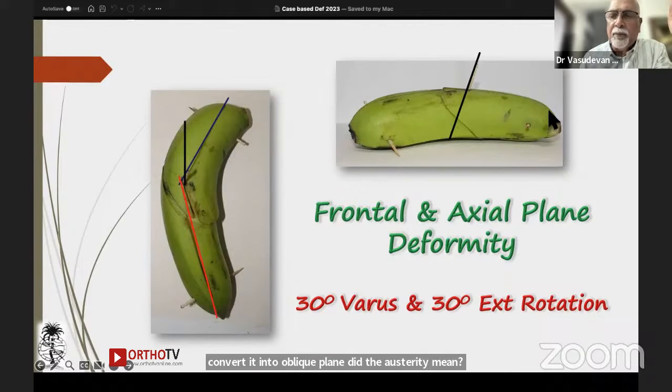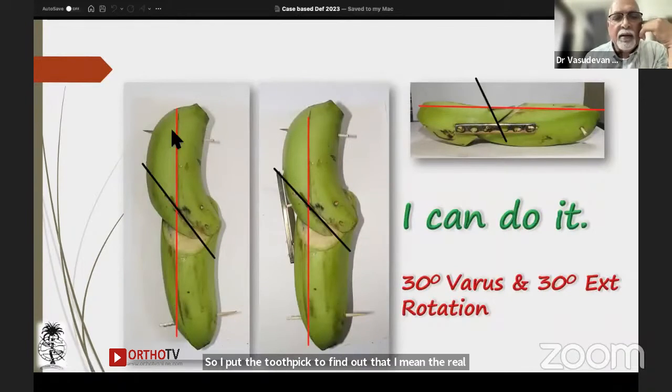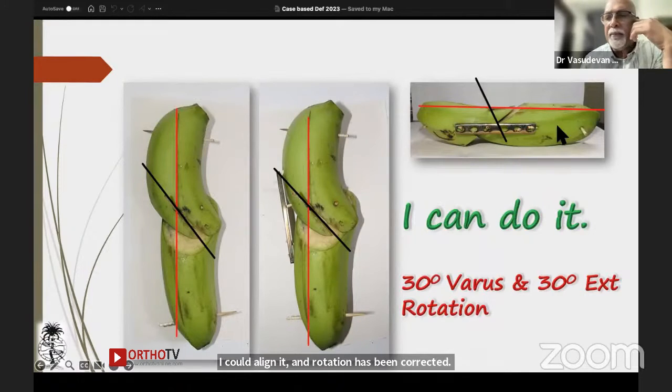So this was one plane. You can see this in a 30-degree rotation. So I put the toothpick to find out the real plane. And I could correct both. I could align it, and rotation has been corrected now, and I can do a locking plate. So I found I can do that 30-degree varus and 30-degree external rotation on a banana.